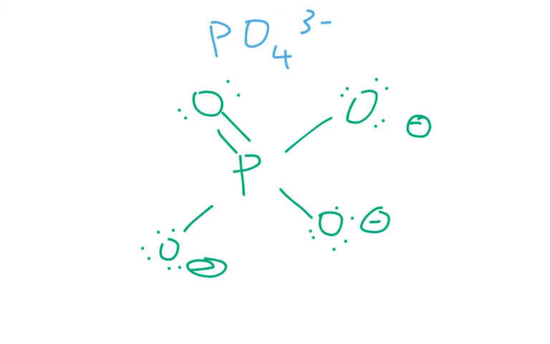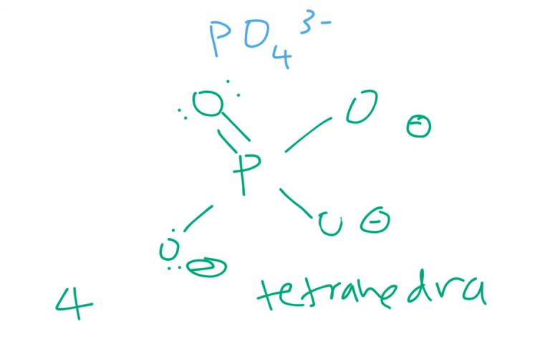So phosphate looks like this, and it has a steric number of 4 with no lone pairs, so we can assume that this structure will be tetrahedral since it has 4 bonds and no lone pairs. So this will be tetrahedral, and we know that tetrahedral has 109.5 degrees for its angle measures.